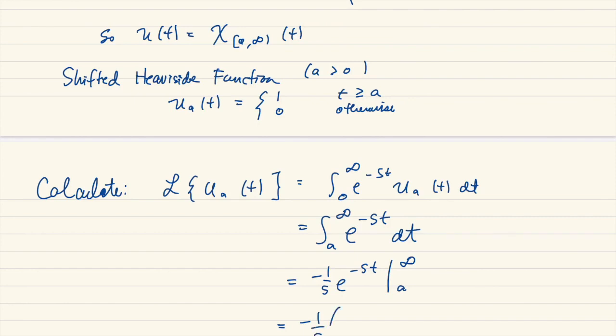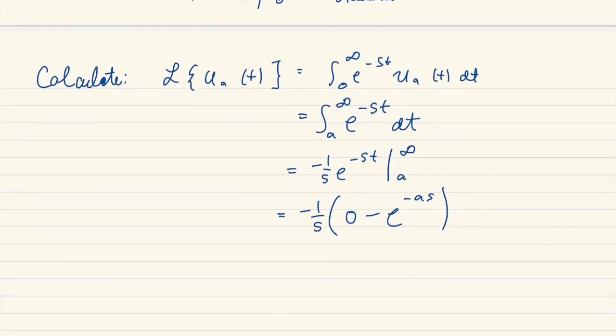And we can bring out the negative 1 over s. As t goes to infinity, this is going to be 0. And as t goes to a, this is going to be e to the negative as. And altogether, what we end up with is positive 1 over s, e to the negative as. So this is the Laplace transform of the shifted Heaviside function.